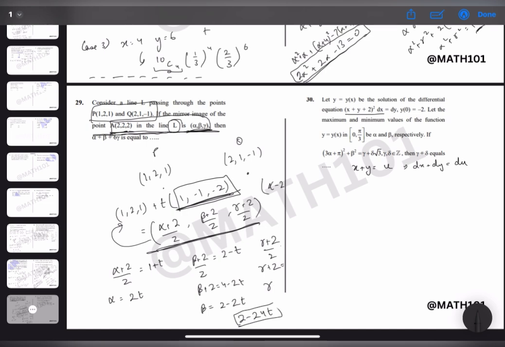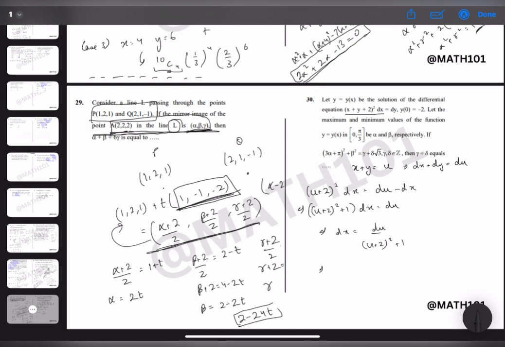So x plus y plus 2 simply becomes u plus 2, squared, dx equals dy is du minus dx, which gives us (u plus 2) squared plus 1 dx equals du, which gives us dx equals du upon (u plus 2) squared plus 1.